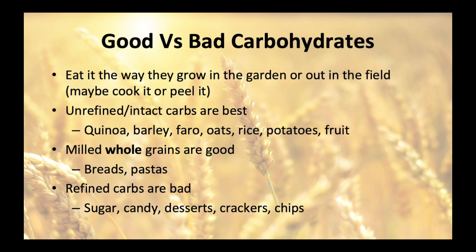So the best way to tell if a carbohydrate is good or bad is to eat it the way that it grew out of the garden or out of the field. You want your food to come as close to nature as possible with minimal processing. The intact carbohydrates are the best. Whole grains are good, and the refined grains and refined carbohydrates with the added sugars, those are the ones that we need to watch out for.